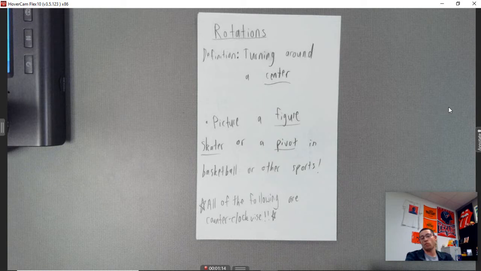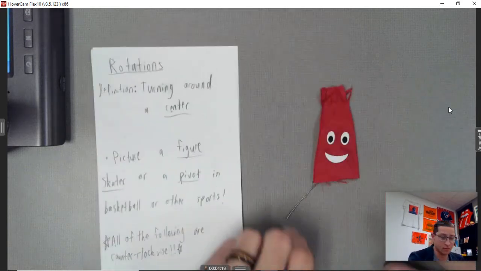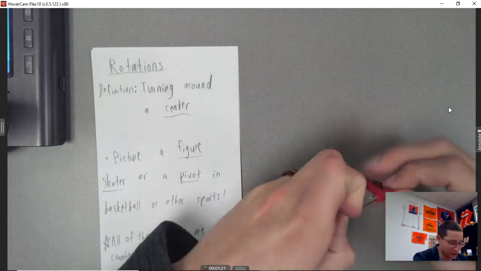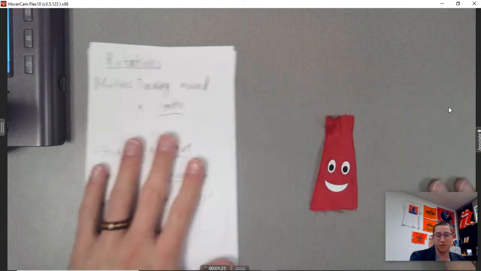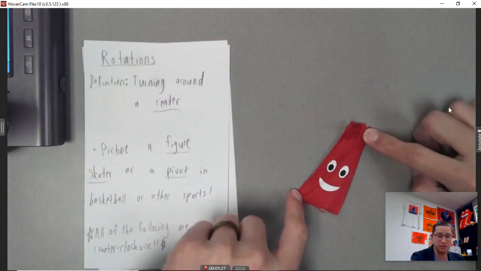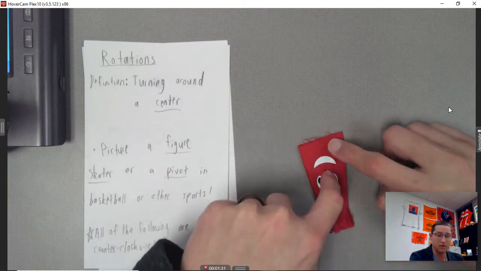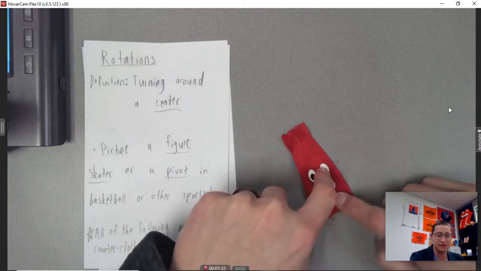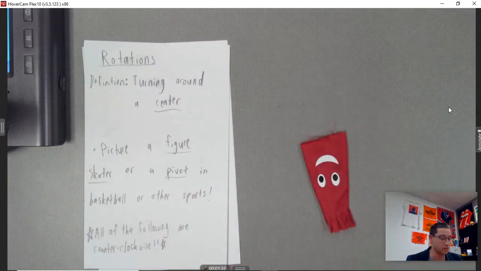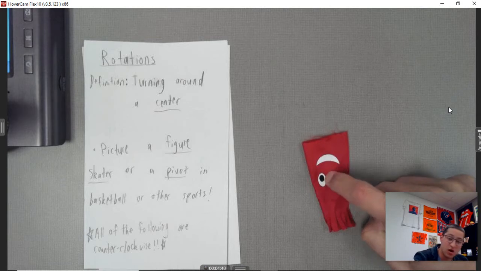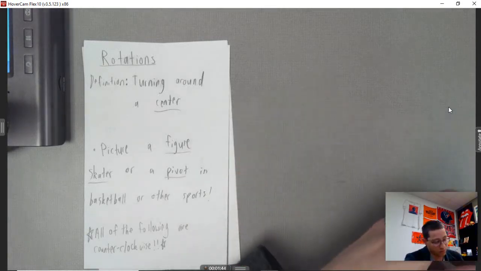Now, before we get into this part, I just wanted to show you an example with this little goofy-looking face. We typically think about rotations as just spinning around in one spot, like that, where we have an axis here and then we're spinning around. That's a perfectly fine example of a rotation, where the center would be basically in between the little face's eyes.